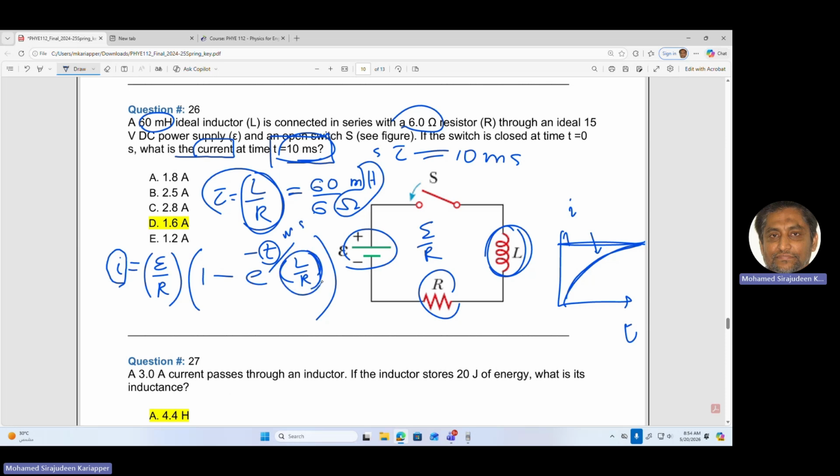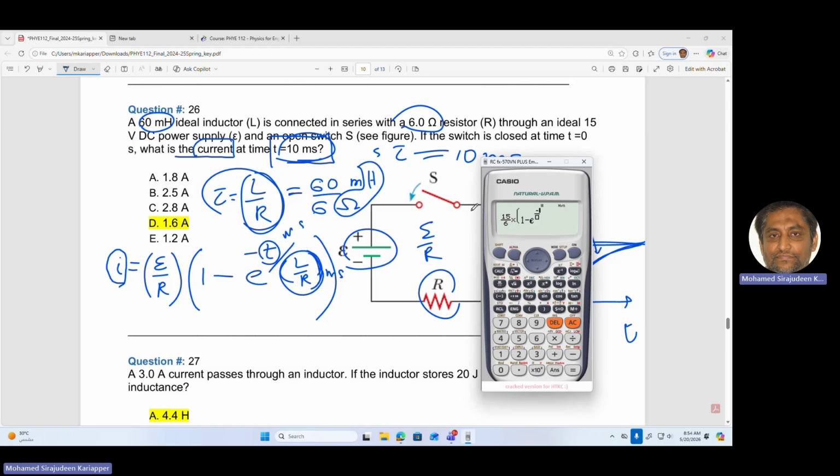I will write this also in milliseconds. So it's a ratio, I don't have to do conversion again. So that's why. So where is my calculator? So I will put this time in millisecond, and I will also write the tau in millisecond. I made the question such that they are equal.